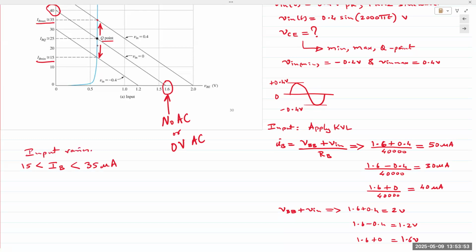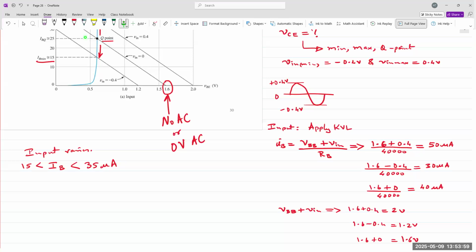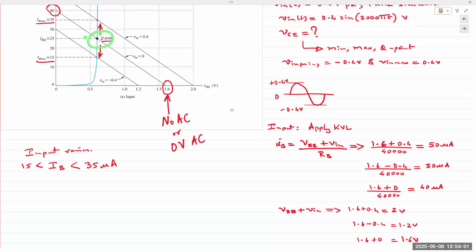Again, to recap, without any AC applied, if you just have your DC biasing voltage, then your Q point is at 25. When you apply the AC voltage, the AC is applied on top of the DC, so it adds up or it subtracts. Positive half cycle, it adds up, so your Q point shifts upwards. Your load line is shifting upwards. Negative half cycle, it's subtracting, so your Q point is shifted downwards.